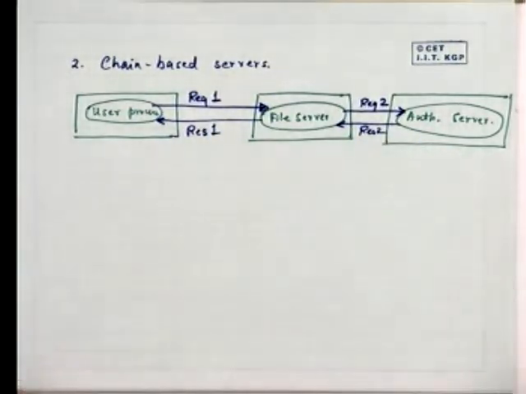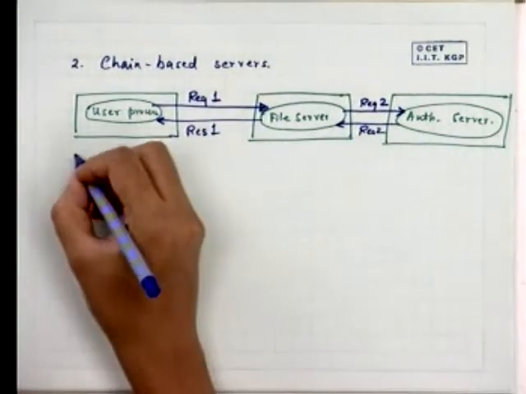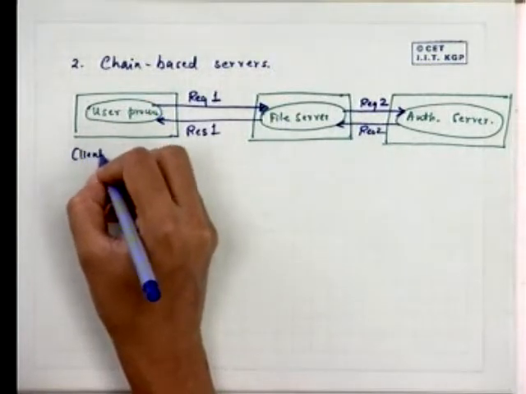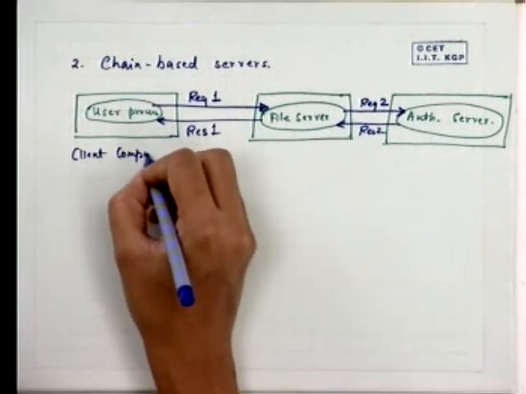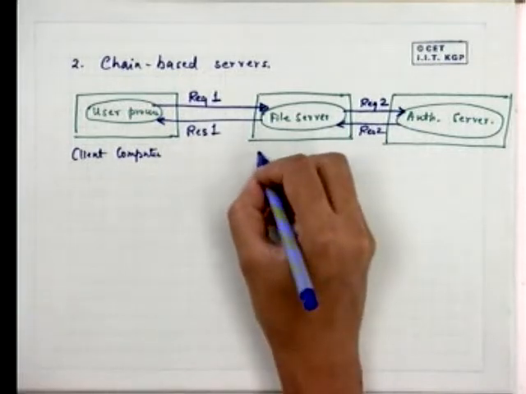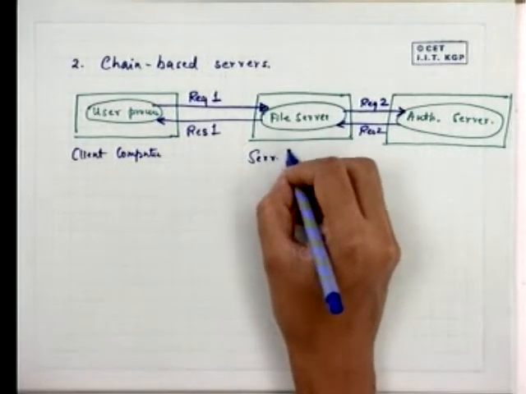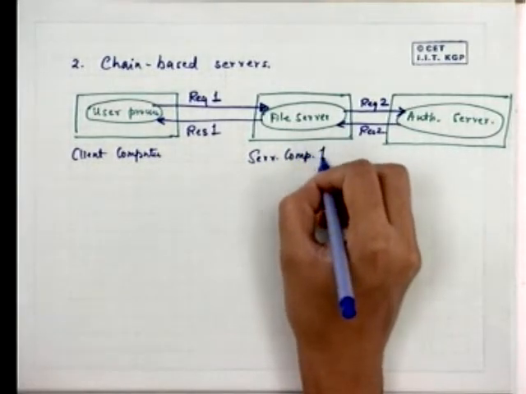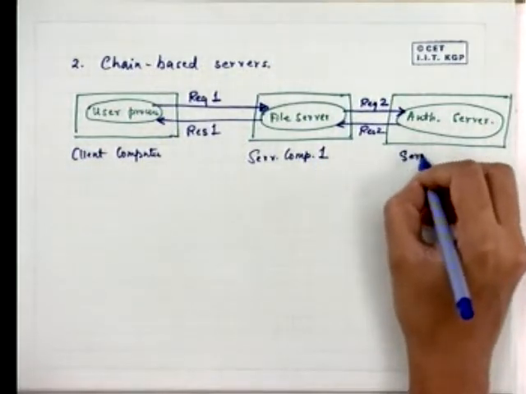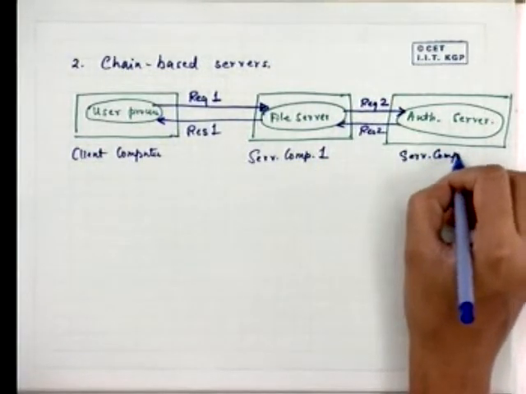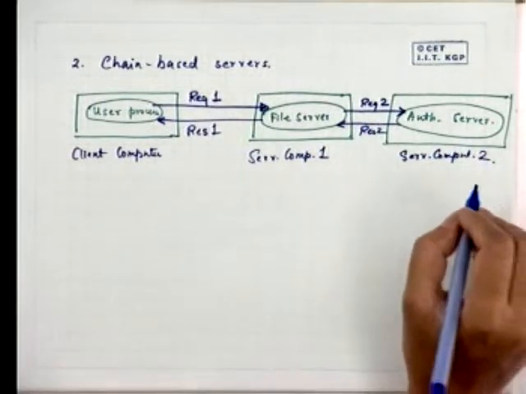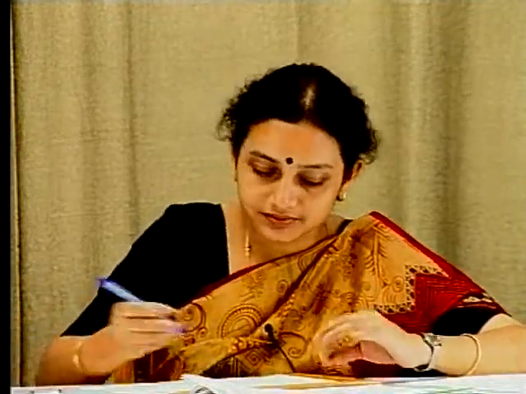Okay. So this is the client computer, this is the first server computer, and this is the second server computer. And this is a model of the chain-based server model.